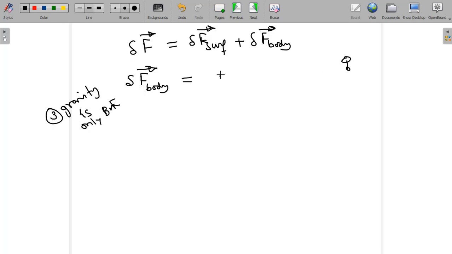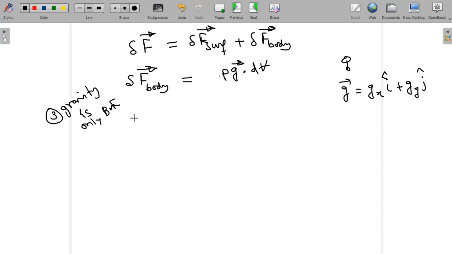That is m into g. So m is rho dv, so rho into g into dv. So rho dv is the mass into g. This is the body force. Where what is this g? Here let us consider the x and y components. Say the x component of g is gx and the y component of g is gy. Okay, now what is the surface force?